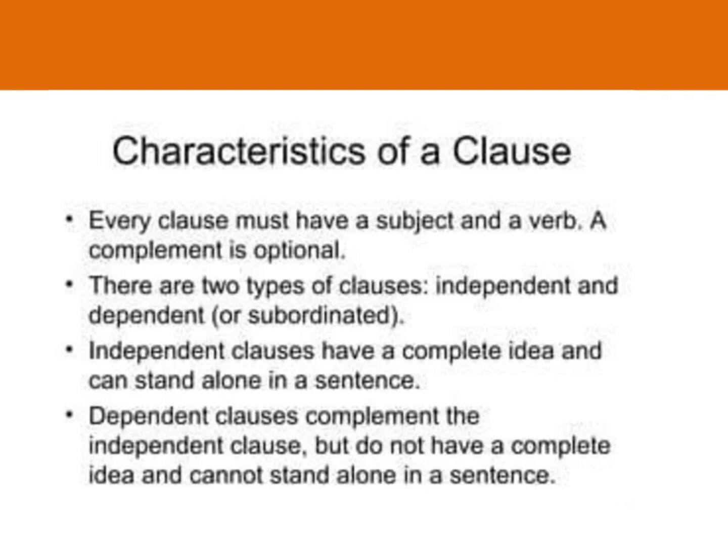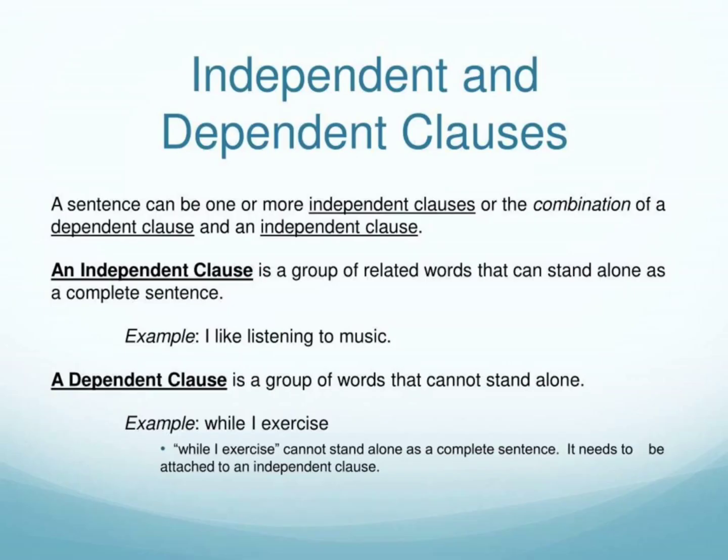Independent clauses have a complete idea and can stand alone in a sentence. Dependent clauses complement the independent clause, but do not have a complete idea and cannot stand alone in a sentence.